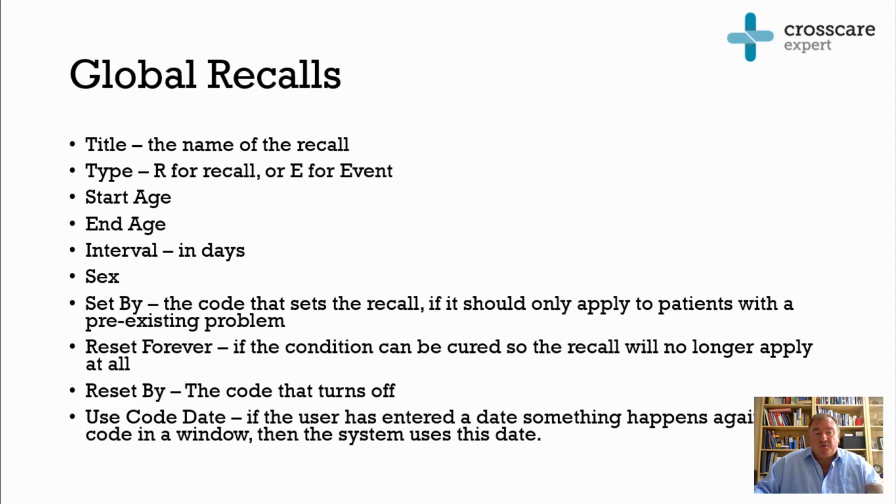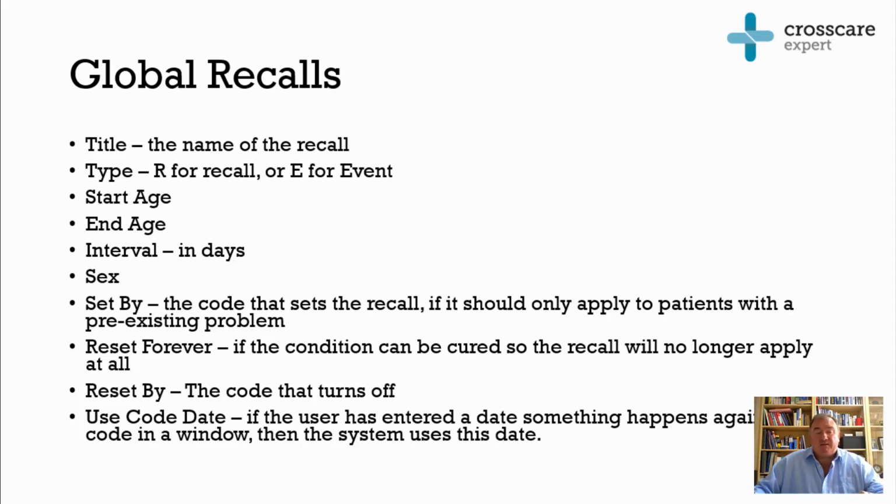So if you want to do the asthma recall, you can set by a code for asthma, but reset forever by asthma resolved. So if they no longer have asthma, you don't want to recall them at all. And then the reset by code is the code that turns off the recall itself.